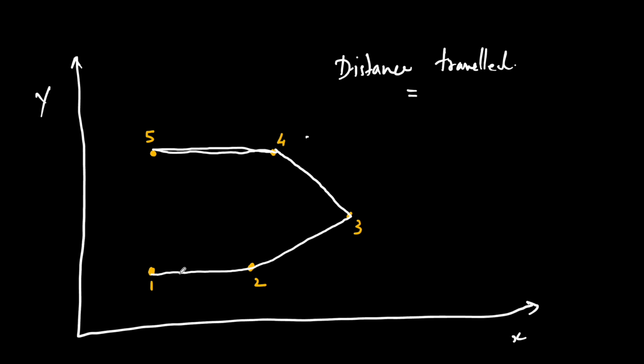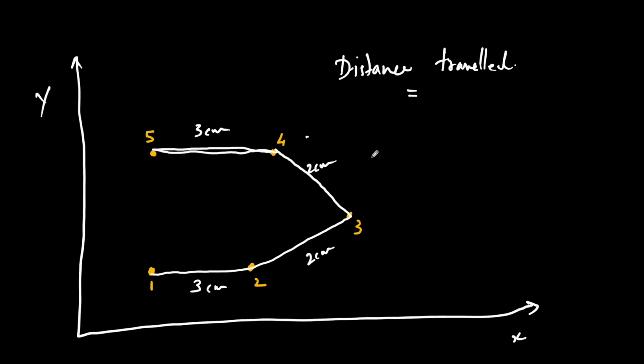What will the distance traveled be? The total length of this white line, right? 1 to 2 plus 2 to 3. Suppose this is 3 centimeter, this is 2 centimeter, this is 2 centimeter, and this again is 3 centimeter, say.